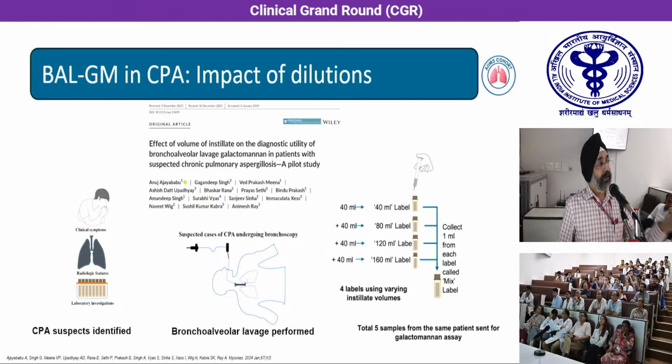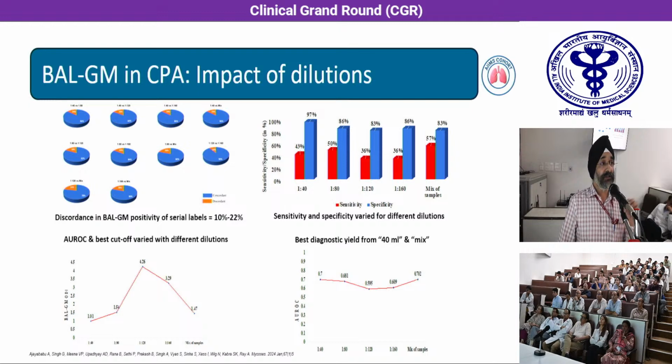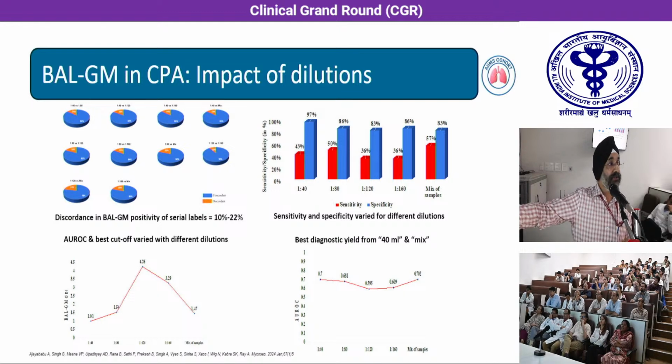Finally, 1 ml from each of these aspirates was mixed together, just to see whether mixing all the instillates would make any difference. And this is what we saw: the 1 in 40 dilution and the mixture gave us the best diagnostic yield, and the cutoff that we determined, a galactomannan index of 1, gave us reasonably reliable results in diagnosing CPA.